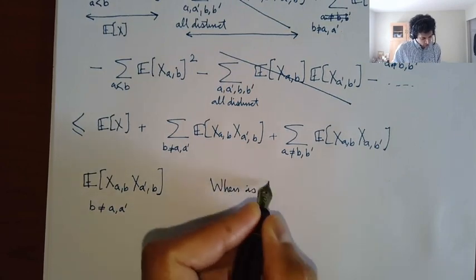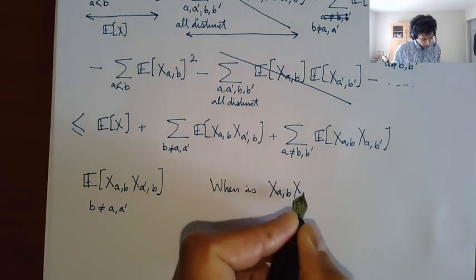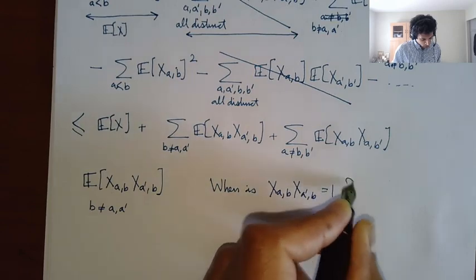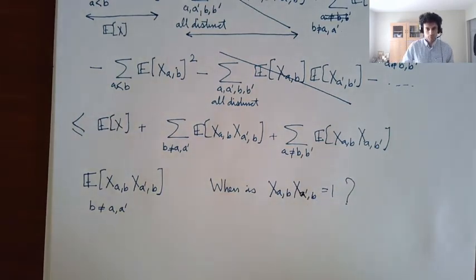When is XAB XA prime B equal to 1? It means something here that we can interpret. When is this equal to 1? When all three of them coincide.